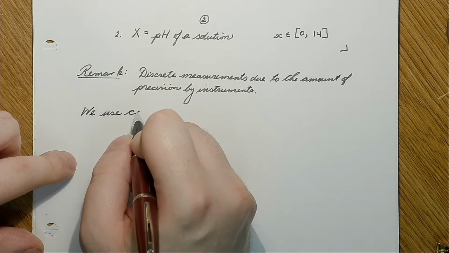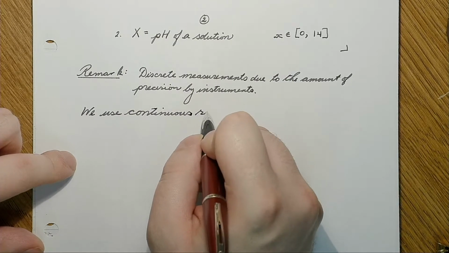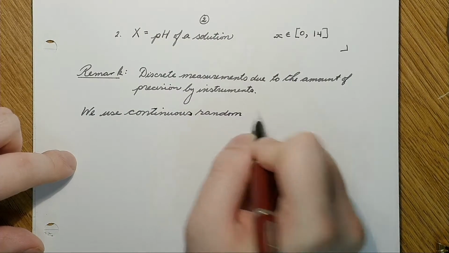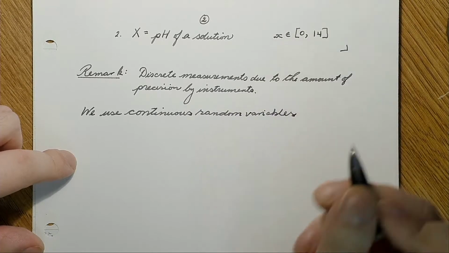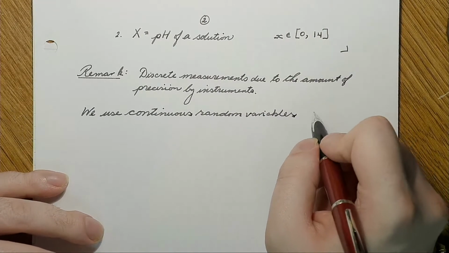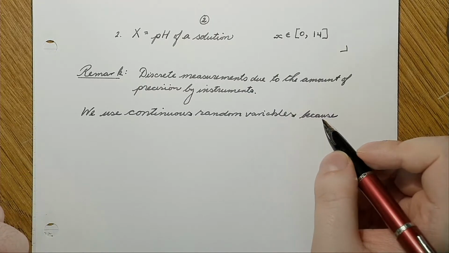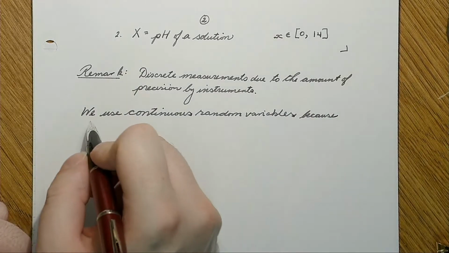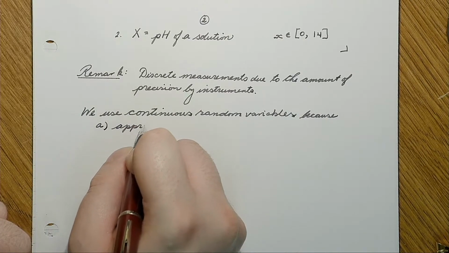We use continuous random variables because, first of all, they approximate the real world well.